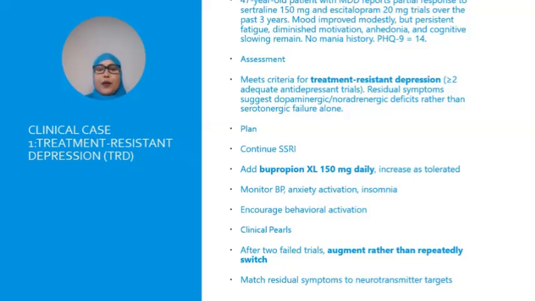Mood improved mildly, but the patient still has persistent fatigue, diminished motivation, sadness, and cognitive slowing. No manic history. The depression scale, PHQ-9, is 14. That is depression.